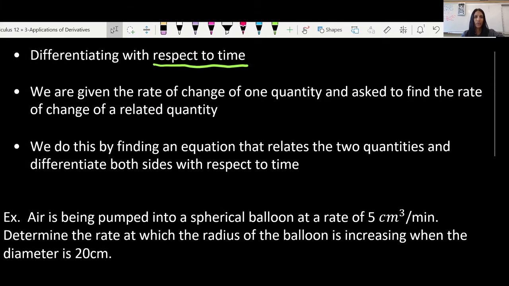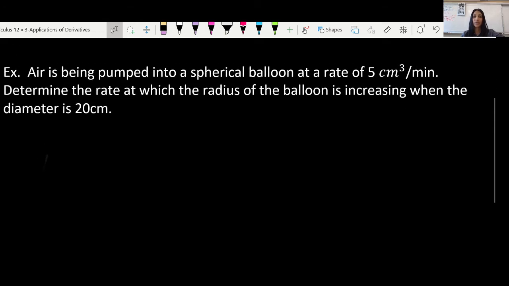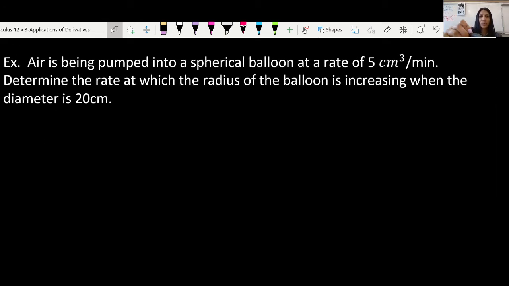It says we are given the rate of change of one quantity and asked to find the rate of change of a related quantity. So to put things into perspective, let's take a look at this part, a rate of 5 centimeters cubed per minute. So our V prime of t is equal to 5, since the rate of change is just the derivative.